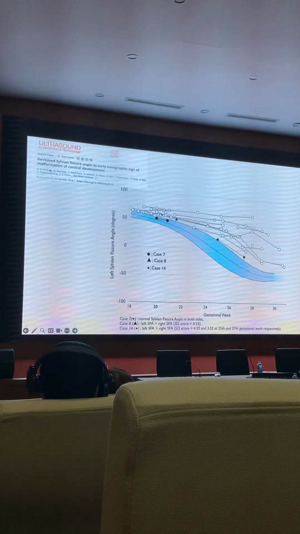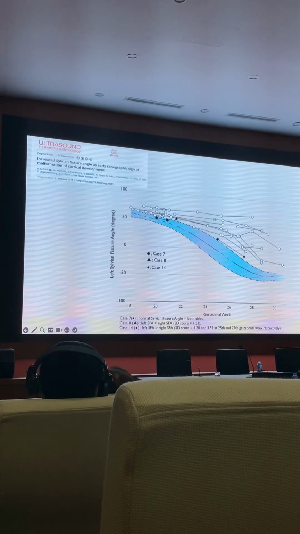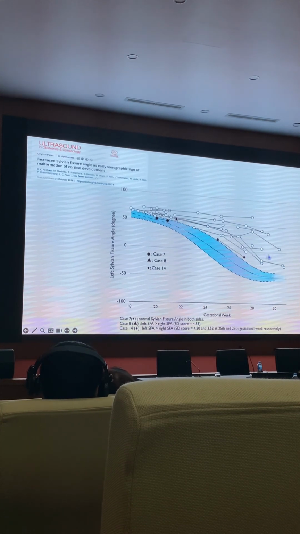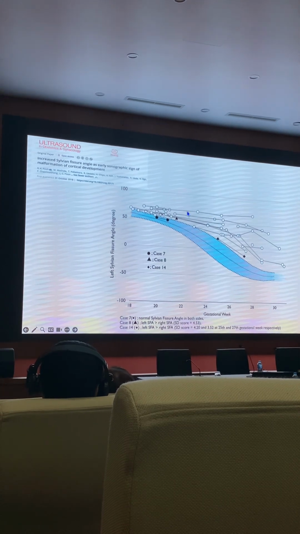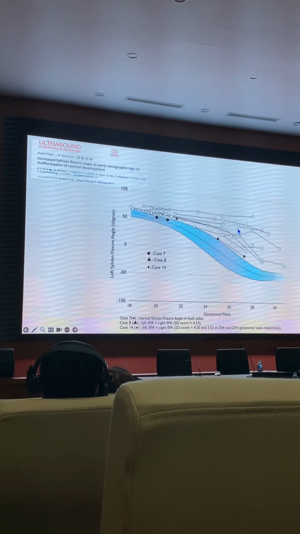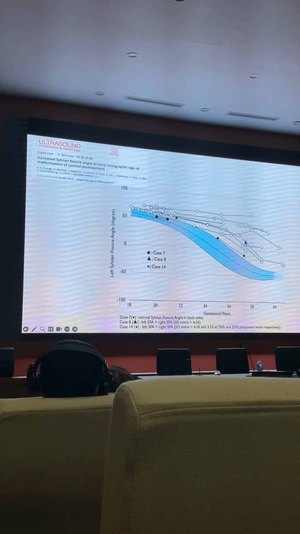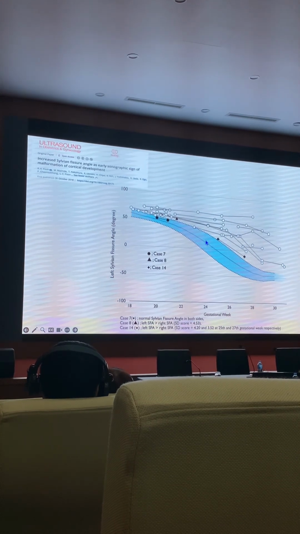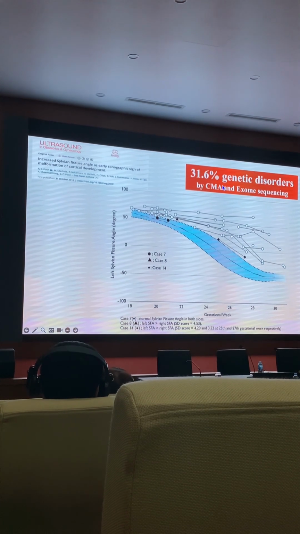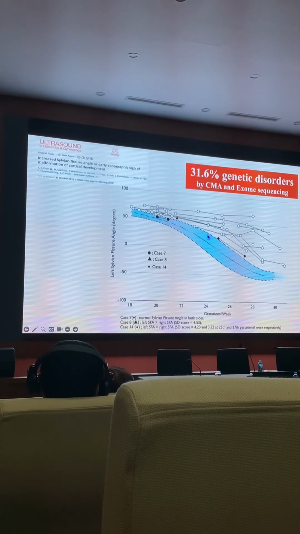So in many of the MCD cases, more than 91% of the cases with the MCD have a different angle of the Sylvian fissure. The Sylvian fissure angle is much larger than the normal reference. And also, 31.6% of them had the genetic disorder.